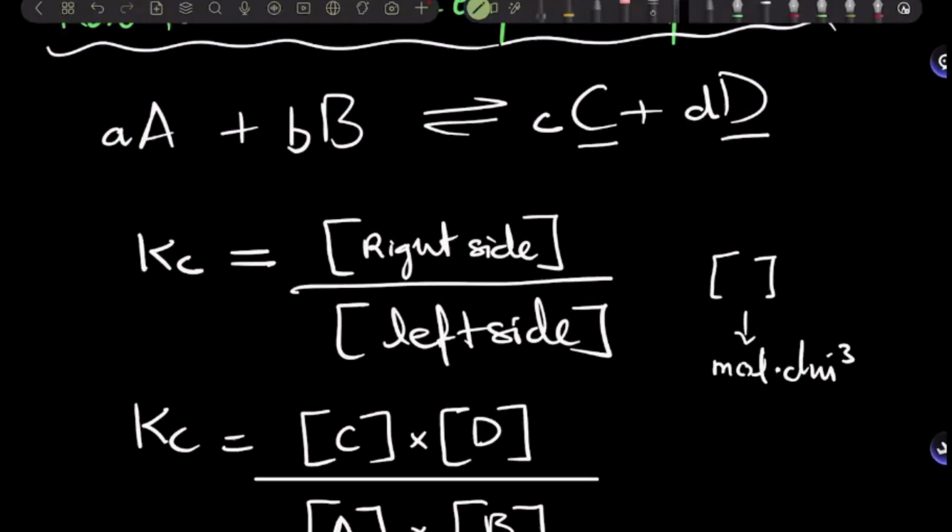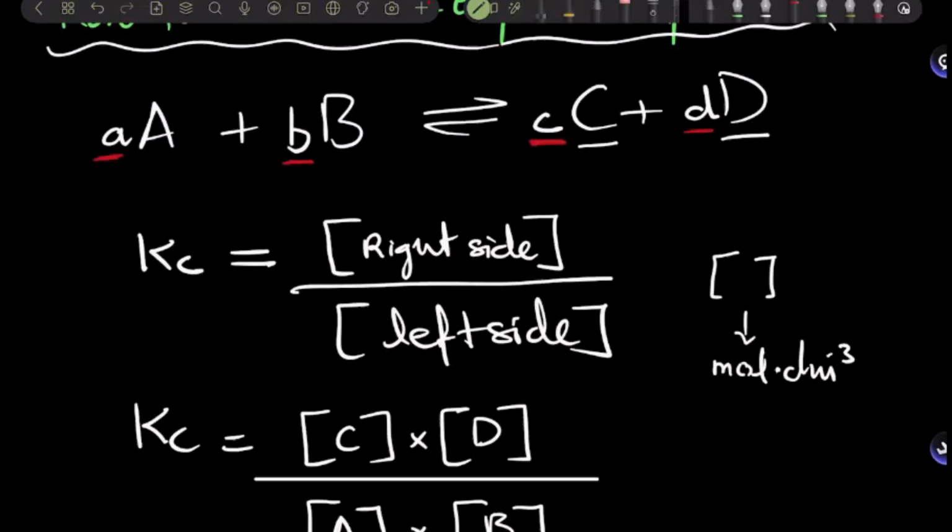All right. Now the second thing, whatever the molar coefficient over here with these reactants and products, it's going to become the exponent or power of that reactant or product in the Kc expression. You get what I'm saying? So C had how many moles of C? Small c moles, right?